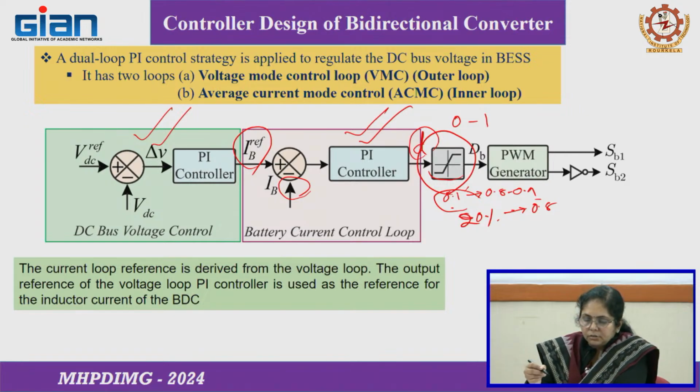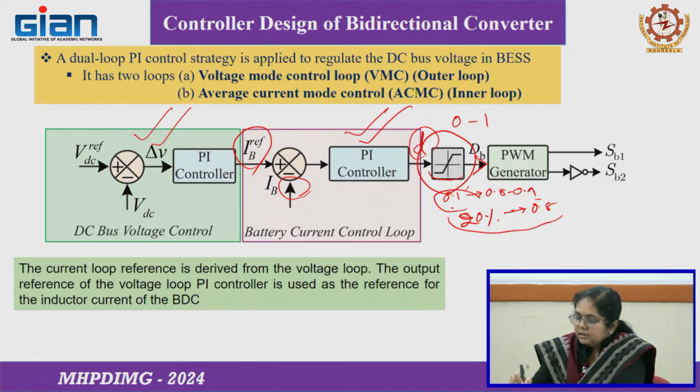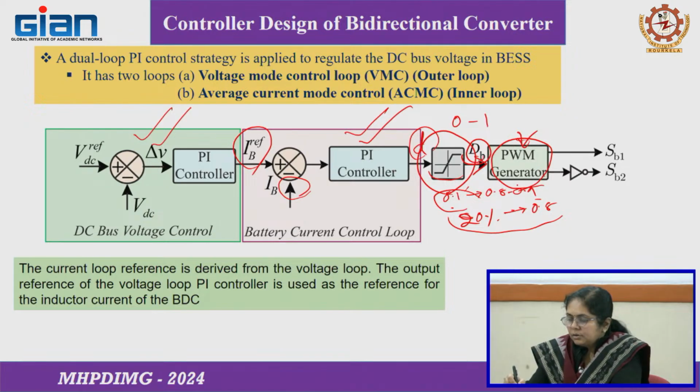I missed one thing here, the current limiter also. The output will give you the duty ratio, which is given to the PWM generator, where we set the switching frequency of the PWM, and it gives two pulses.